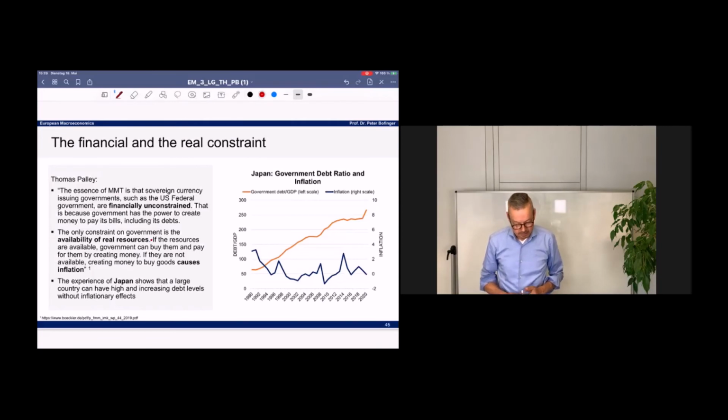And what is quite interesting is the case of Japan. In Japan, you can see that the country has had huge deficits for almost decades, that the government debt level relative to GDP has been growing year by year and is now near 250% of GDP. And we also know that the Bank of Japan has been buying tons of government bonds.